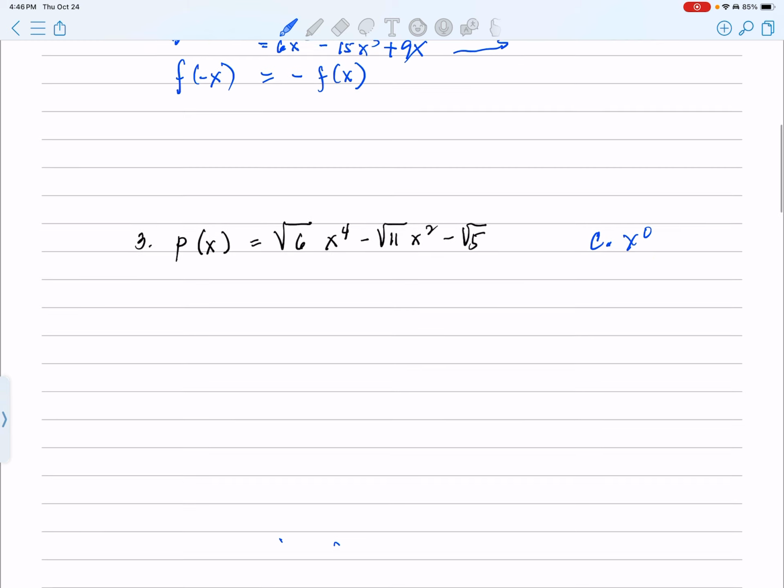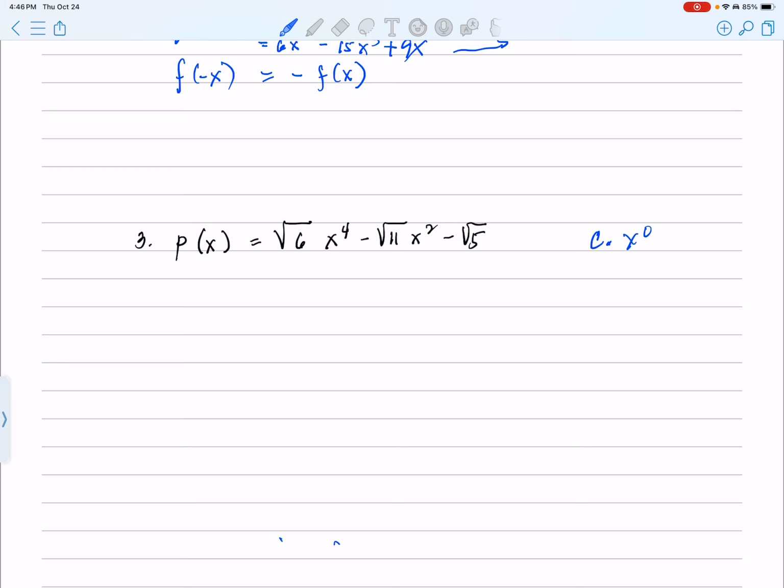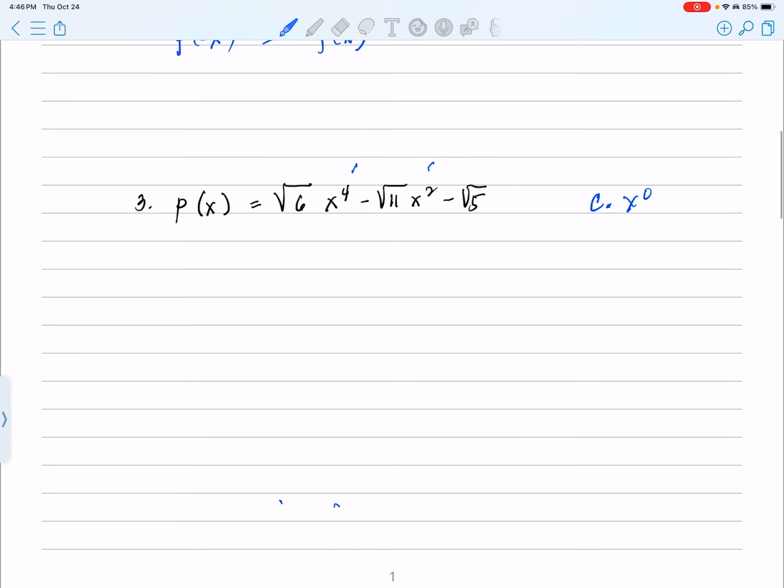So this shows that all the terms in the equation have a degree that is even or 0. You see that? Okay. So to confirm, we try to check algebraically that the function is even. So we need to show that the function of negative x is equal to p of x.